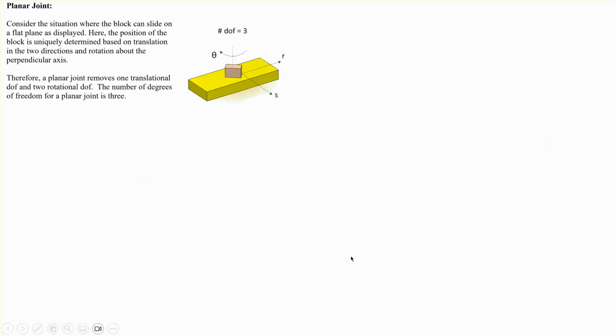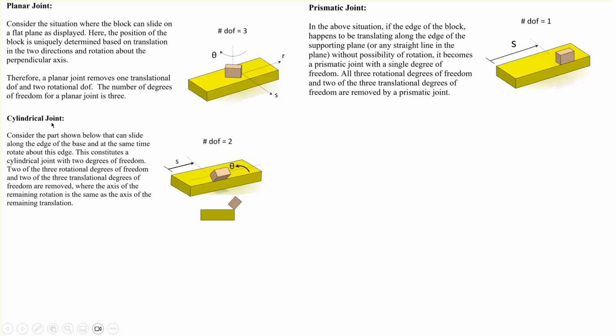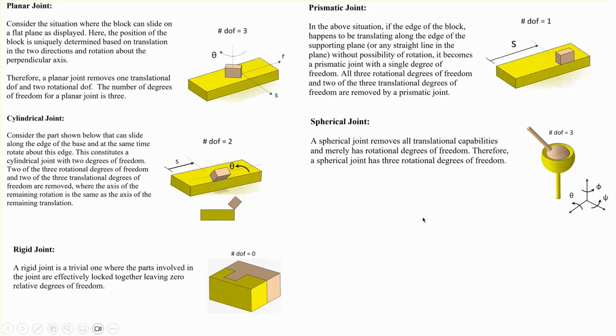Let me remind you of the kinds of joints that we're going to be modeling in this playlist and the book. Planar joint, which has 3 degrees of freedom; prismatic joint, which is a single degree of freedom; a cylindrical joint, which has not only translation but also rotation about a particular axis; spherical joint or ball joint, which has 3 degrees of freedom in rotation.